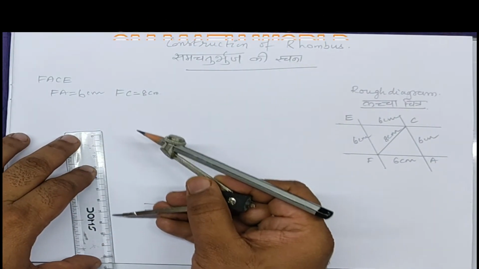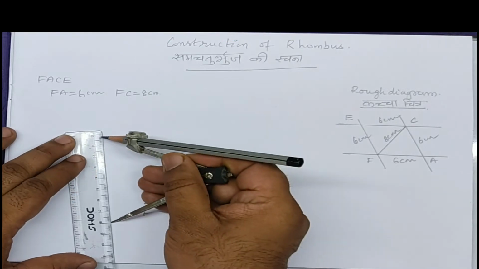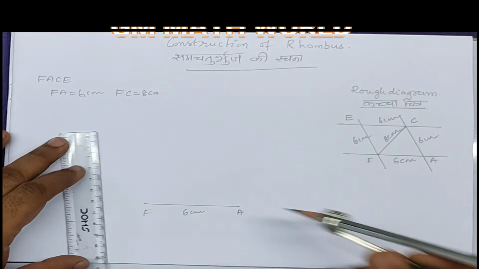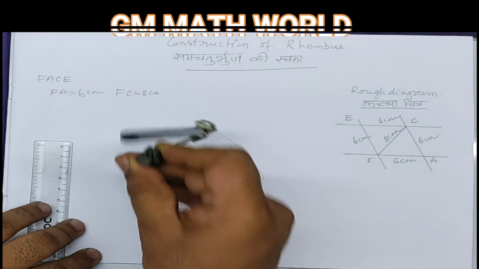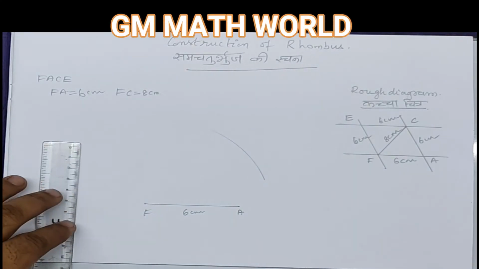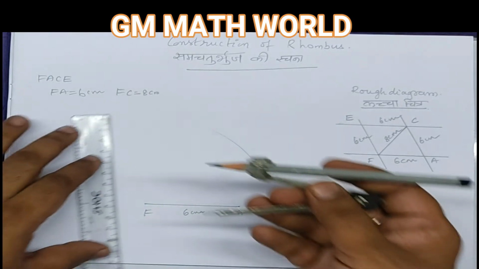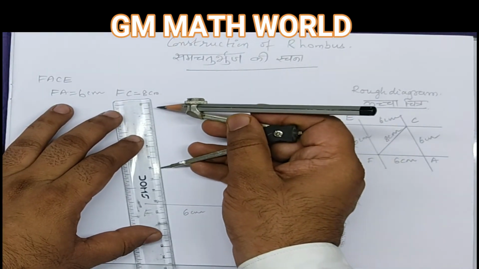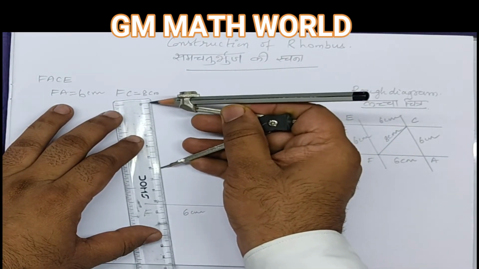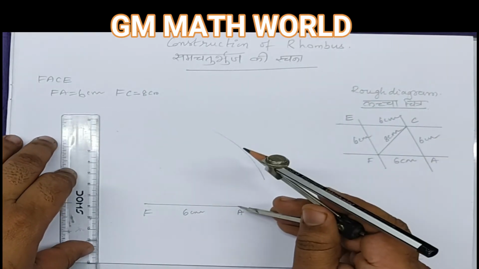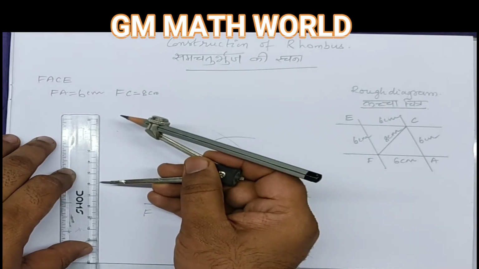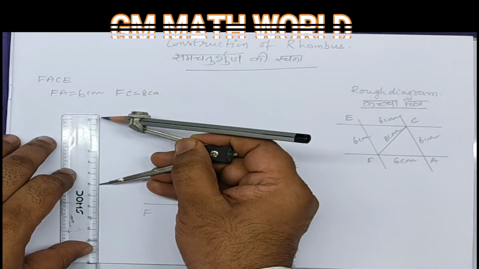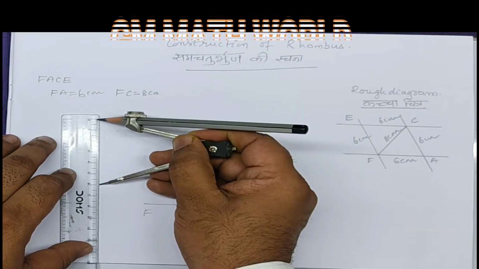From F as center, draw an arc of 8 cm towards C, and now we are taking 6 cm in the compass because all sides are equal, and from A as center intersect the previous arc drawn of 8 cm and give the name to the point of intersection as C.